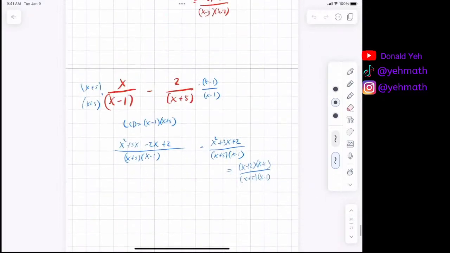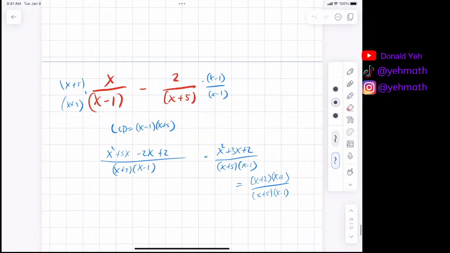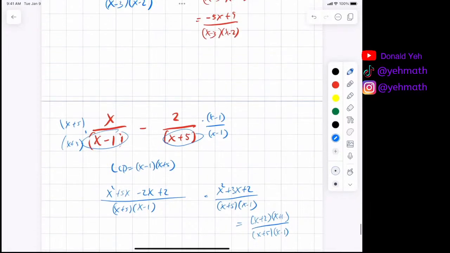This one? Okay. The common denominator is going to be this term times this term. Because just think about it, what's the common denominator between 2 and 3?